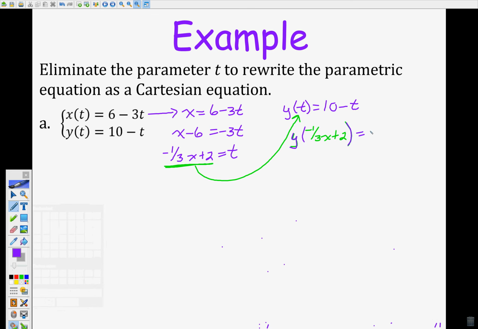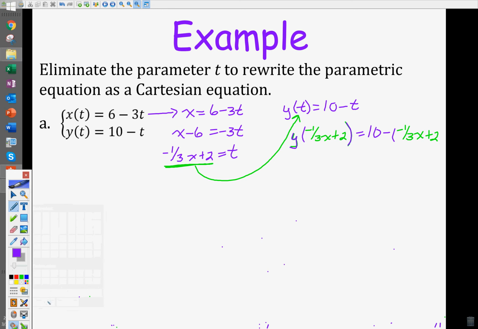Which now means I have 10 minus, instead of t, negative 1/3 x plus 2.